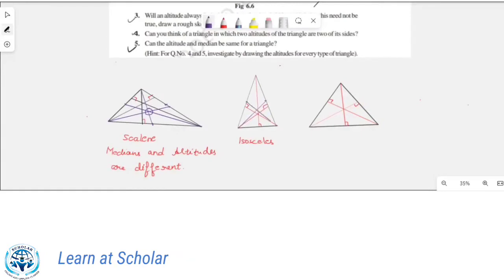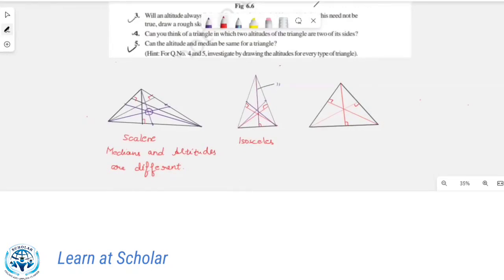This is the first median, this is the second median, and this is the third median. You can see that the third median and the altitude are the same. So we can say one median and one altitude are the same in an isosceles triangle.